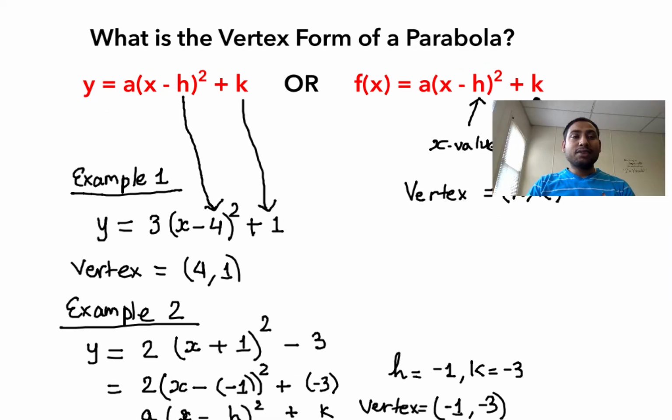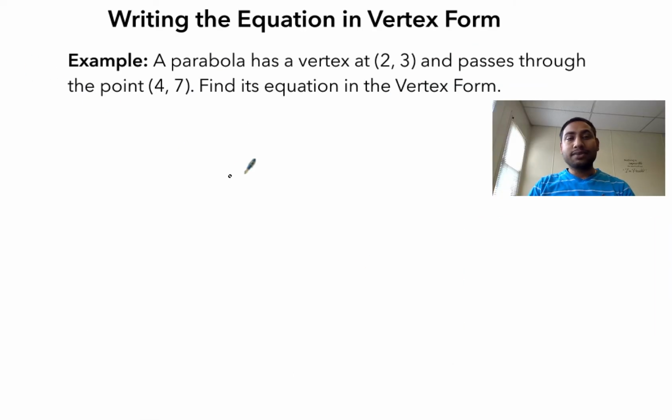Let's look at another example where we can find the equation of a parabola in vertex form given the vertex itself and some other point on the parabola. Here a parabola has a vertex at (2, 3), so those are our h and k values, and then it passes through another point (4, 7).